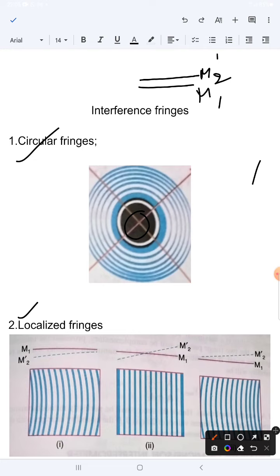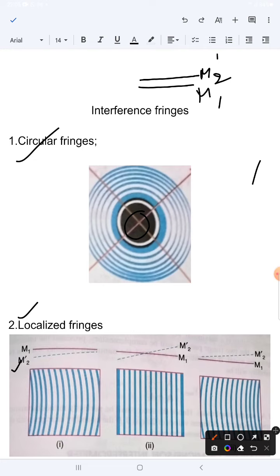This type of fringes are formed when the two mirrors are not exactly perpendicular to each other. As I said, mirror M1 can be moved on the scale. So when you observe through the traveling microscope, mirror M1 can be seen, and at the same time the virtual image of M2 is also seen.